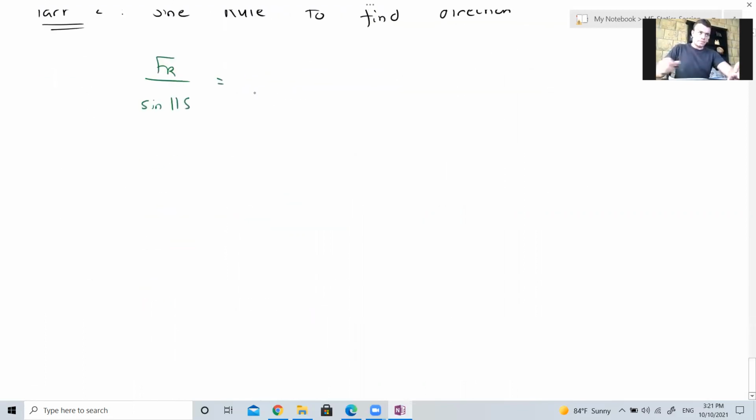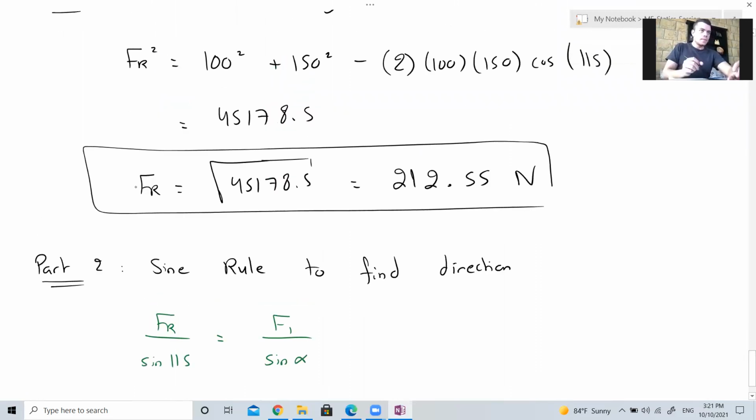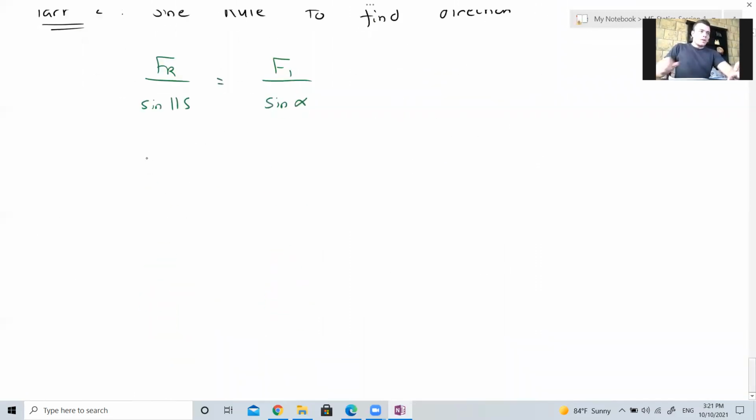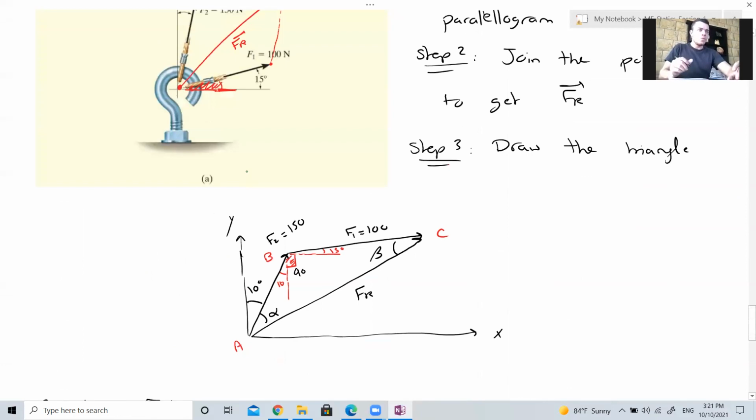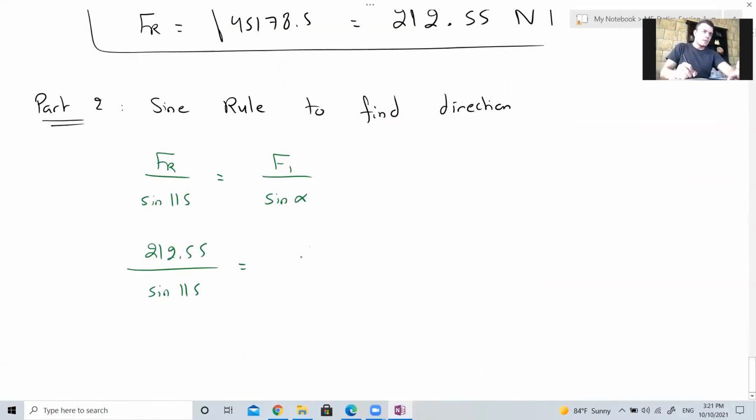So 212.55 over sin 115 equals F1, which is 100, over sin alpha. Now it's easier, it's mathematics.